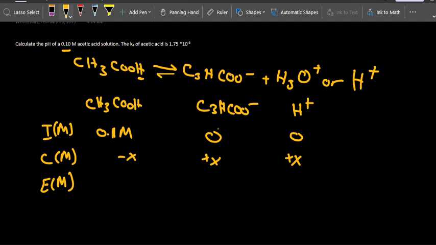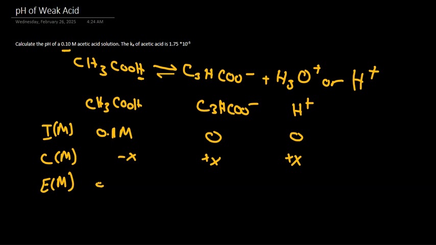So your final will be 0.1 minus x, and 0 plus x is just x, and 0 plus x is just x. So we just constructed the acetic acid ICE table, and now we're going to solve for x, which is your final concentration.